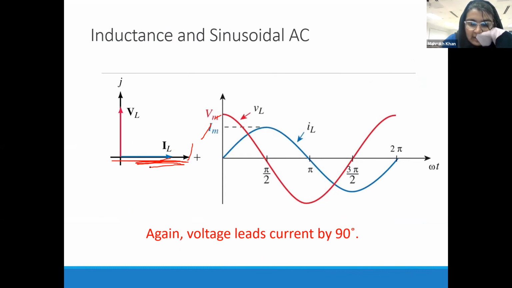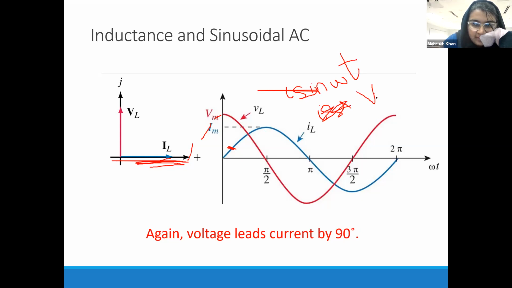If this is I sine omega t, then this should be Vm sine omega t plus 90, they are saying.